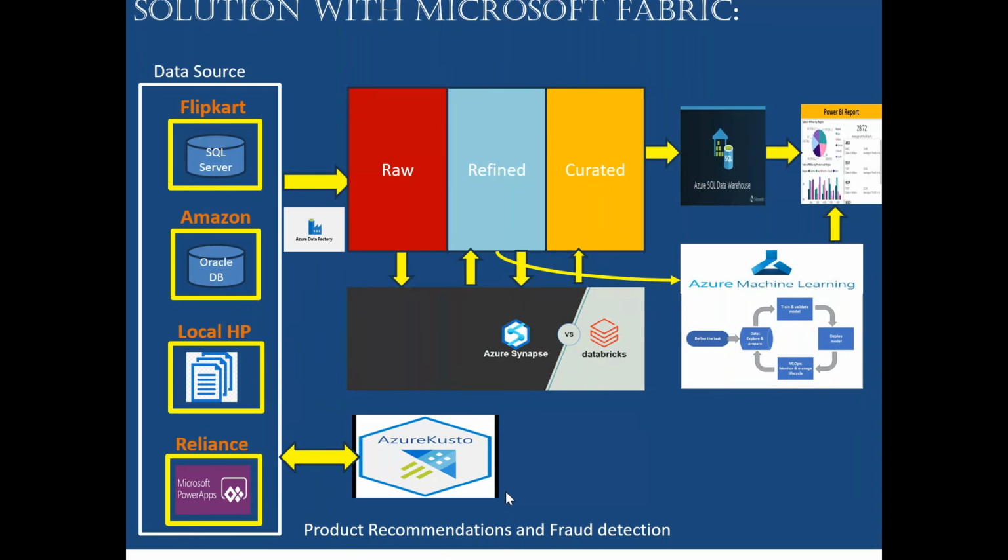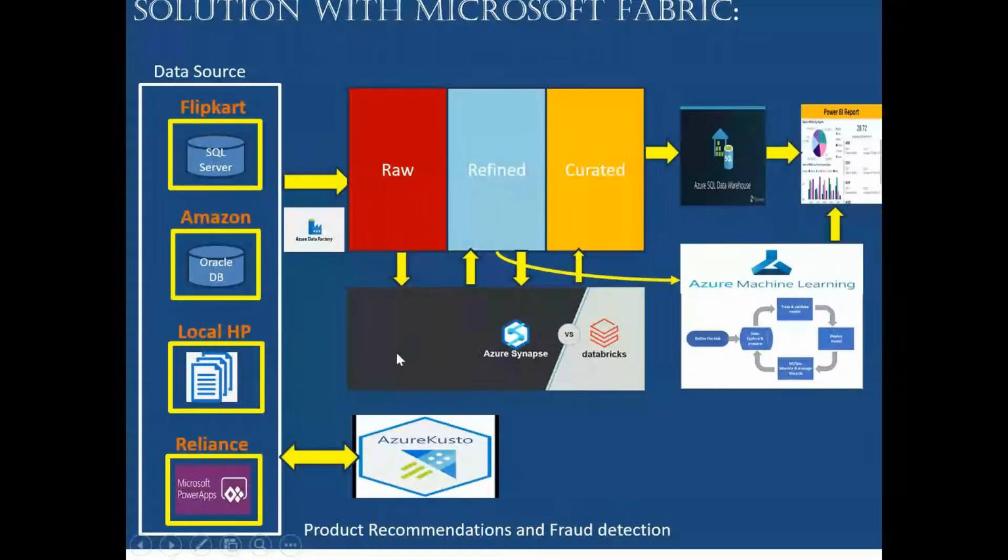And if any fraudulent transactions are happening, I want to identify them. For that data I'm processing in real time using an Azure custom database. So like this, I'm using Data Factory, data lake storage, Synapse or Databricks, machine learning, Power BI, data warehouse, and an Azure custom database. A lot of tools I'm using here.